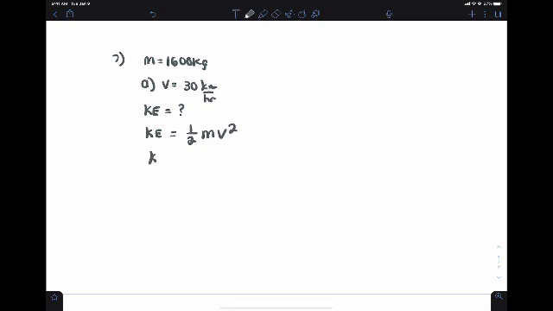So your kinetic energy here for A, we'll have the 1,600 kilograms times, and we'll put in 30 kilometers per hour. But let's change that to meters, okay? Because when we're looking at our base unit, we want to have meters per second.